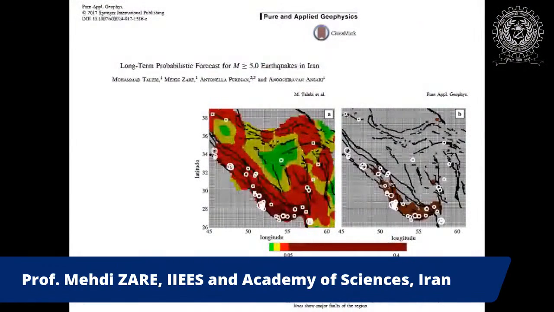For instance, in India, in Turkey, in Southern Europe, in Western United States, in Mexico, in Peru, in Japan, in very important seismic hazard zones of the world. This is a major challenge for probabilistic hazard assessments. Thank you.